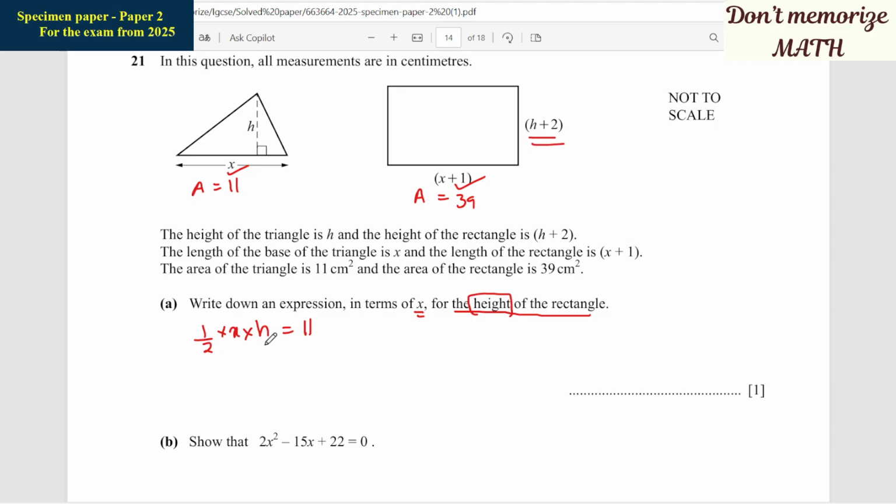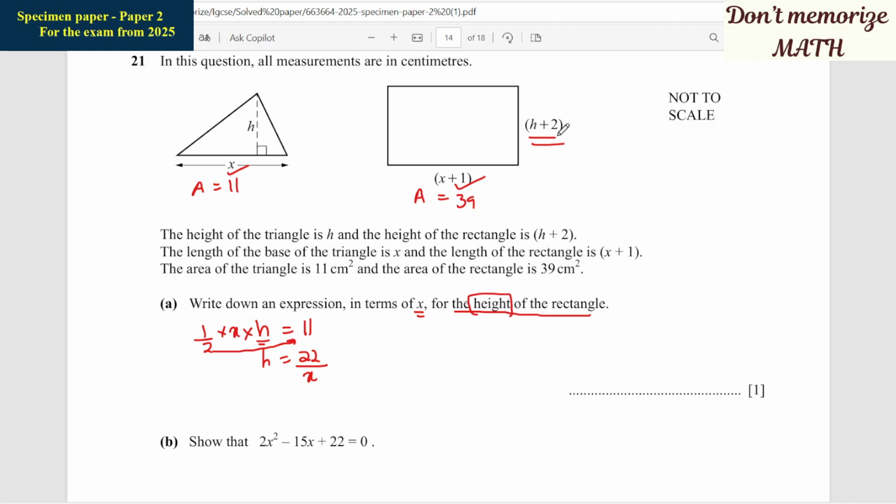So how to find h? h is equal to, this divided by 2 will move here, so it will become multiplied by 2. So 11 times 2, you will get 22. Then x also will move. Here it is multiplied by x, when it comes to the right side, it will become divided by x. So the height of the triangle h is 22 over x.